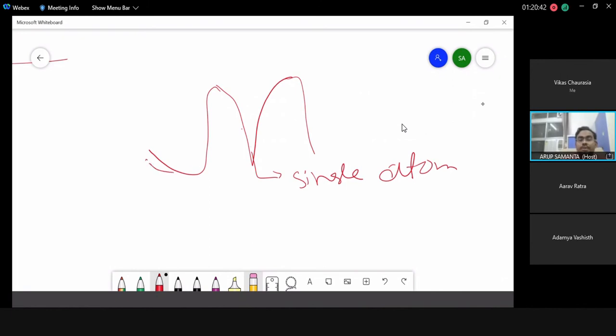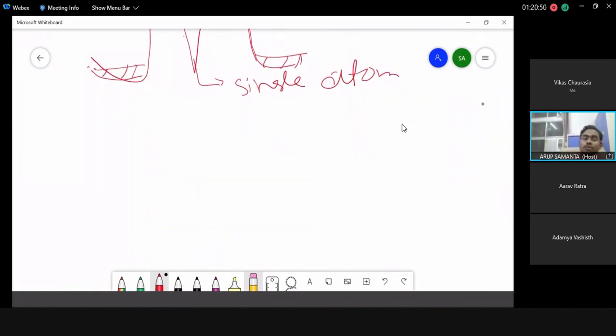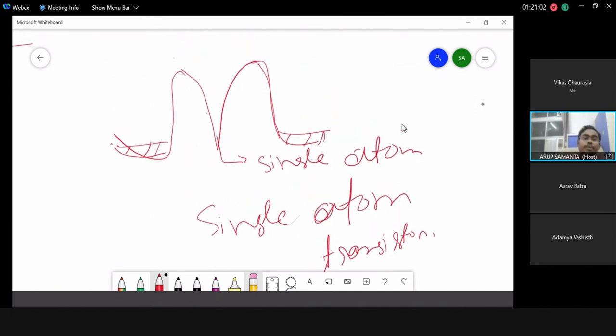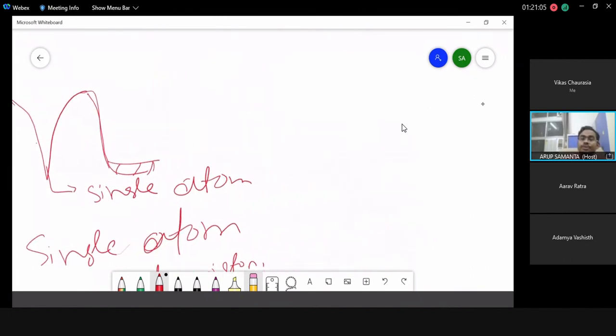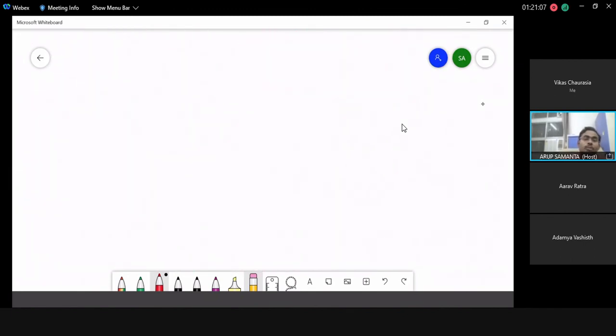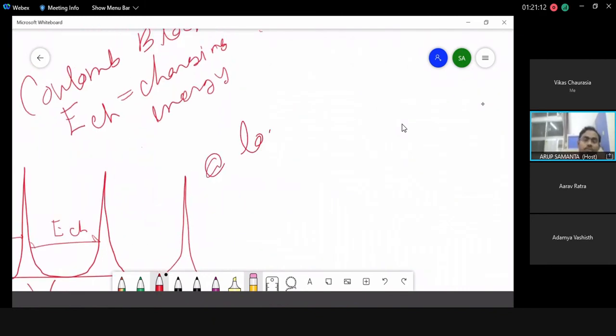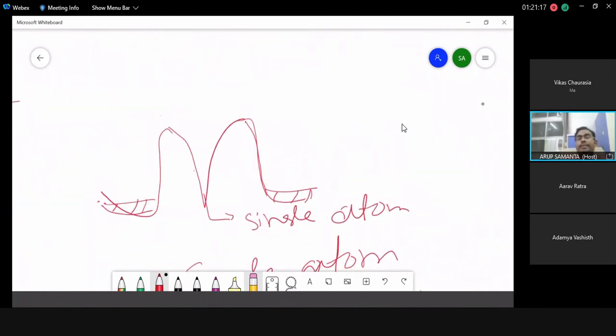We create this type of potential barrier using the potential of a single atom, and this is called a single atom transistor. This is the important part, and I am one of the people who can make it work at room temperature. The single electron transistor mostly works at very low temperature, and few are able to do it.